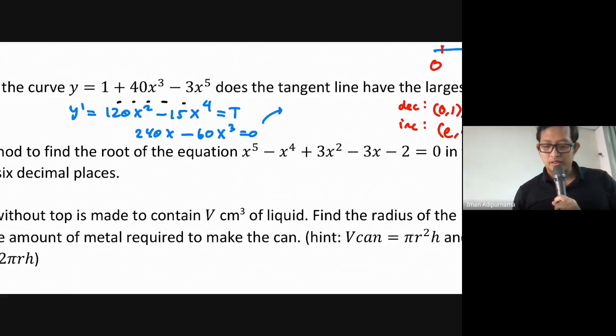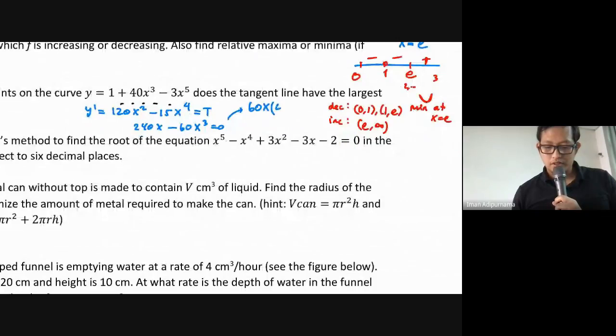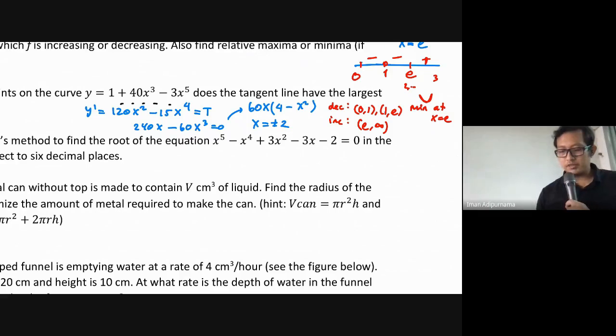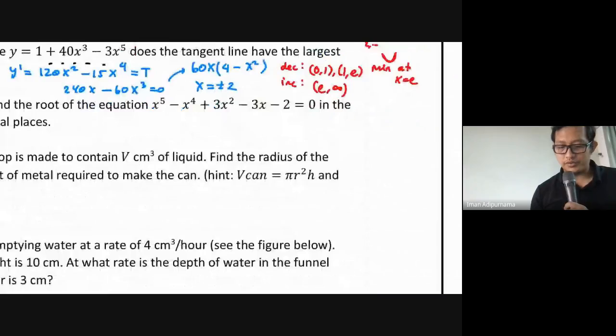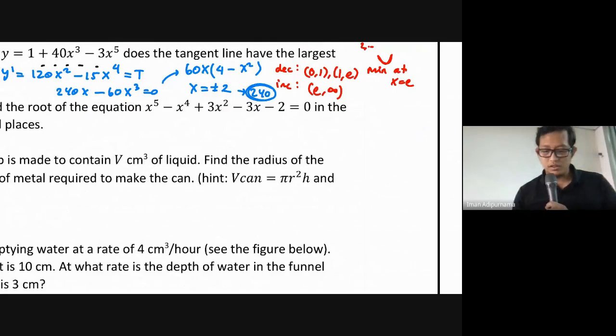And you will get eventually 60x times (4 minus x squared). So x is plus minus 2. Check the plus minus 2. I think the largest slope will be around 240. So the answer is 240.